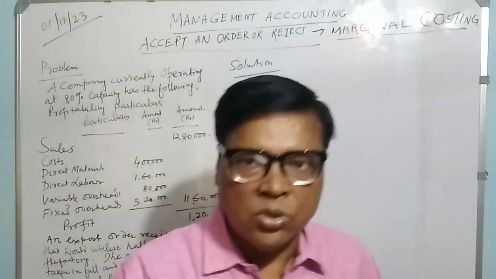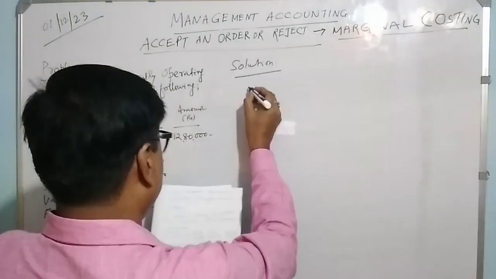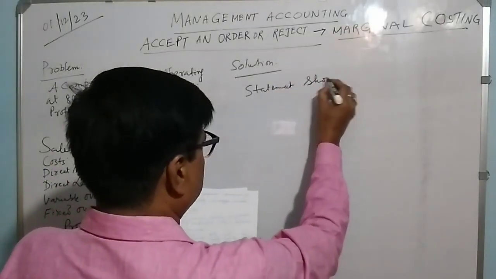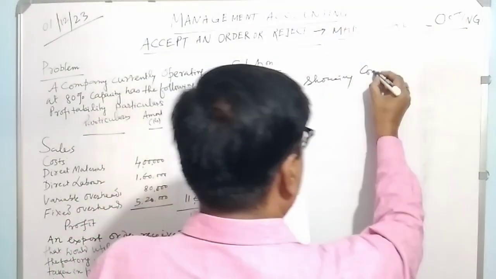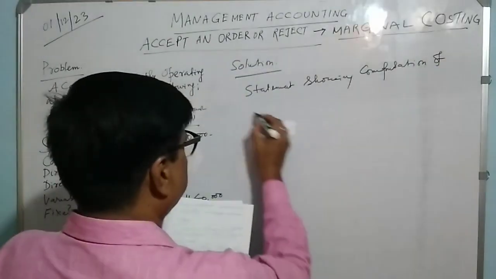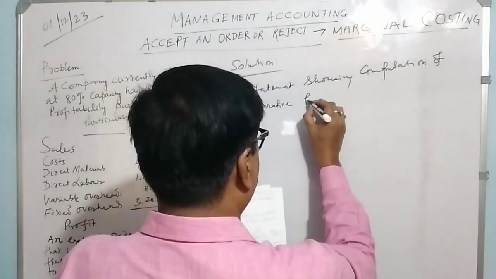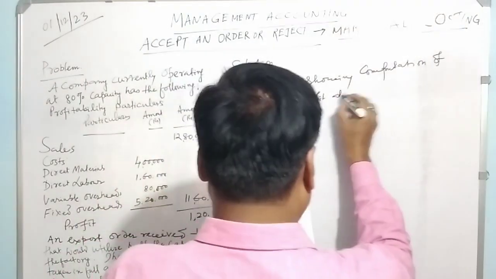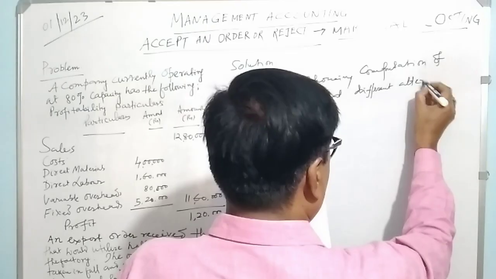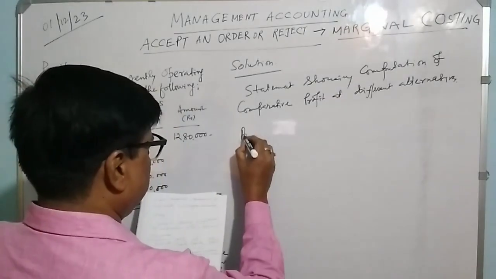So the statement showing computation of comparative profit at different alternatives. What are those things? These are the particulars.